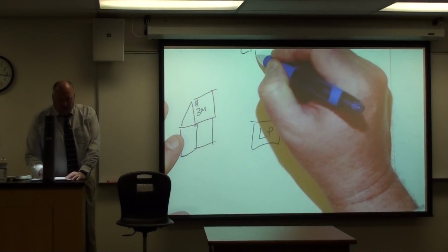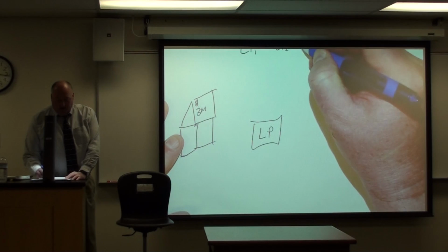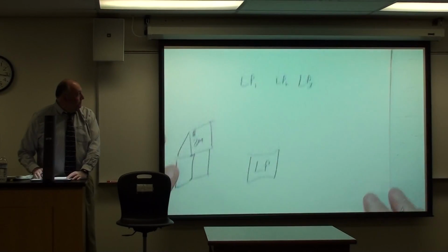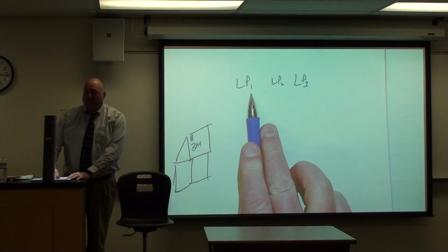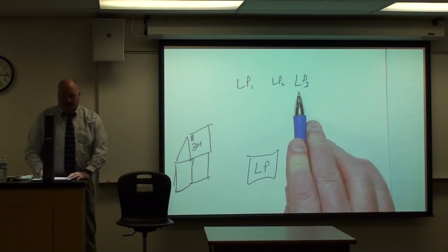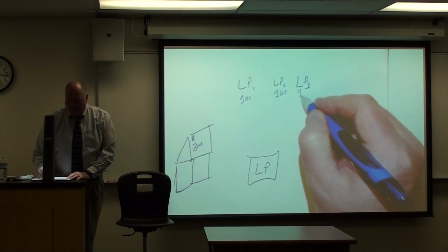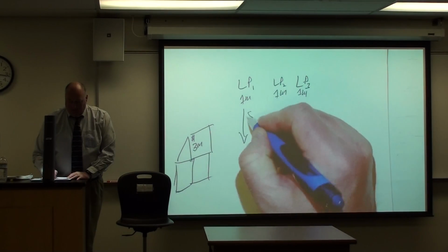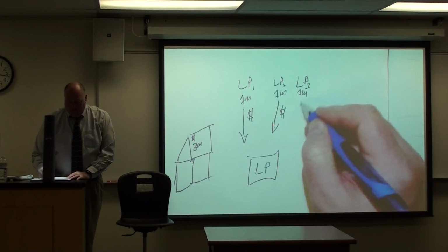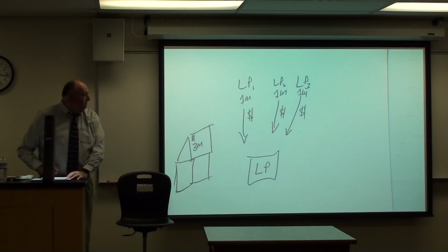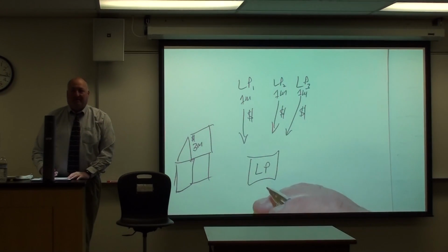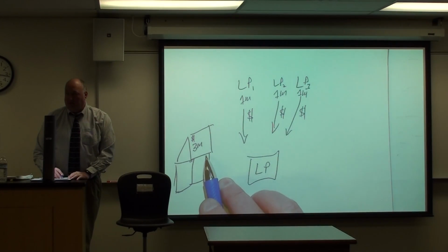So let's say we have 3 limited partners that are the investors. Limited partner 1, limited partner 2, limited partner 3. They each put in $1 million to buy this building.